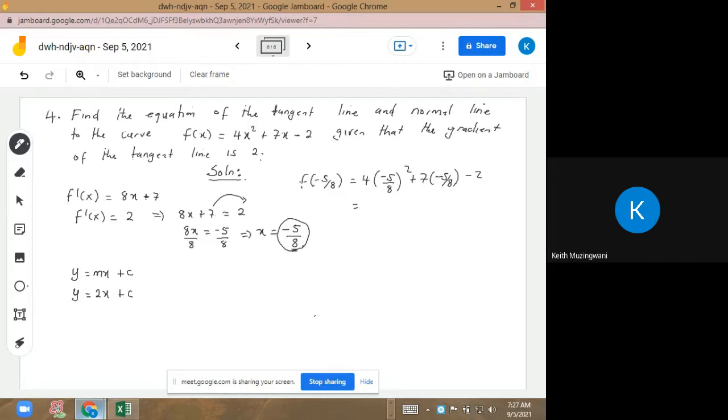This is, then we know that 4 can go into 8 twice. So we just say 25 over 2 minus 7 by 5, that's 35 over 8 minus 2. If we take 8 as a common denominator, we'll have 50. Is it 50? No. So wouldn't that be 4 down there?